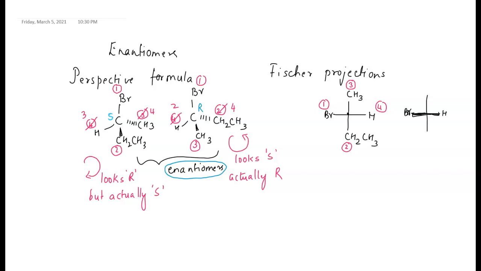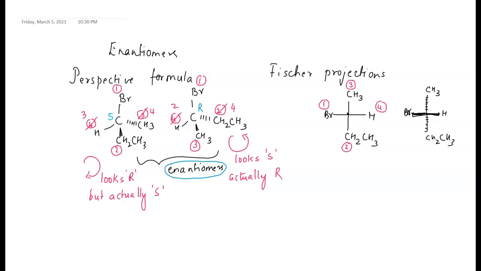This is my horizontal bond, and the vertical bonds are the ones that go behind the plane. So we have a CH3 here and a CH2, CH3 here. Basically in this molecule, our fourth group, which is my hydrogen, the lowest priority, is actually coming out to you, right? But we want it at the back in order to assign the correct stereochemistry.